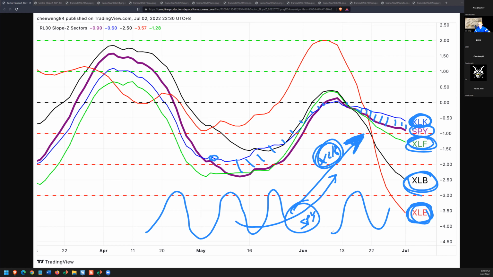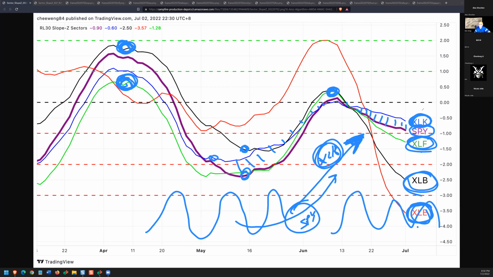Sometimes one is strong, sometimes the other is strong. Like here, we saw energy was weak, materials were strong. Here we see finance, I'm sorry, that was finance and materials. Finance weak, materials strong. Here we see both finance and materials strong. Here we see finance weak, materials strong.